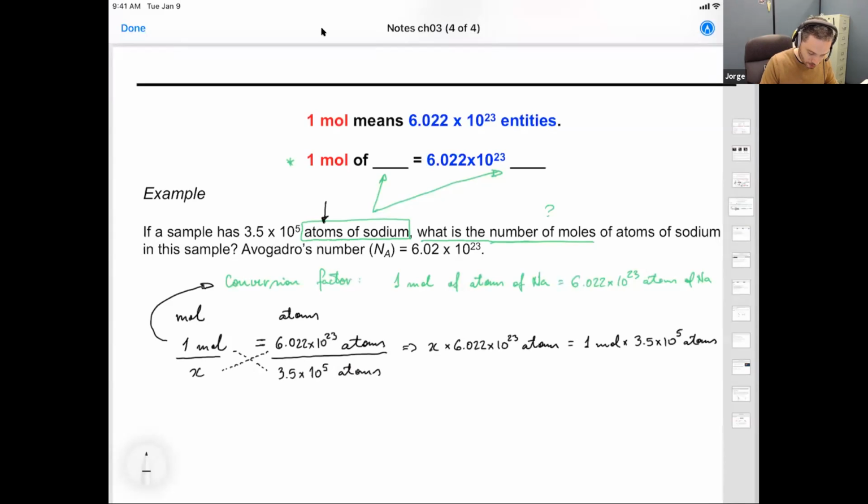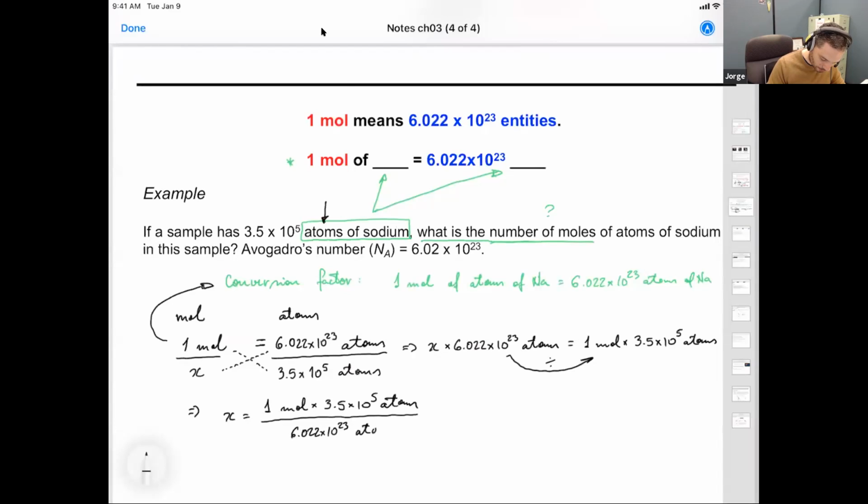So we need to isolate x. Therefore, we are going to move 6.022 times 10 to the 23rd to the other side, doing the opposite operation, which is division. X is going to be 1 mole times 3.5 times 10 to the 5 atoms divided by 6.022 times 10 to the 23rd atoms.